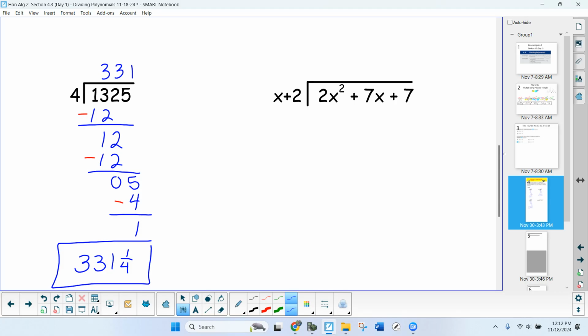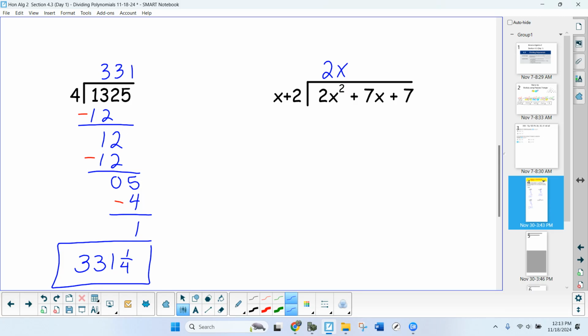Or what could I multiply 4 by to get as close to 13 as possible? And it was 3. So what could I multiply x by to get to 2x squared? 2x. Do you guys see how? And somebody said 2 and x. So I'm going to put 2x up here.